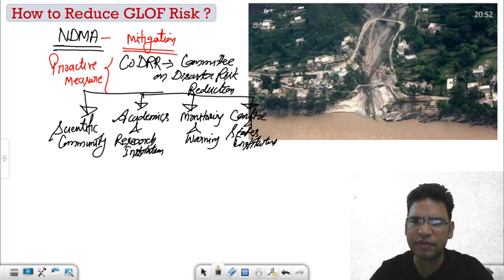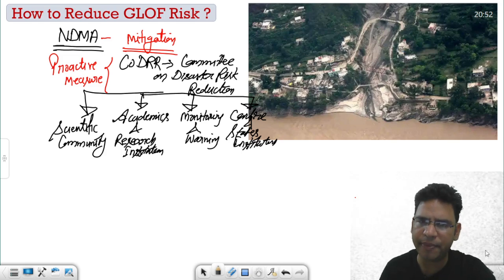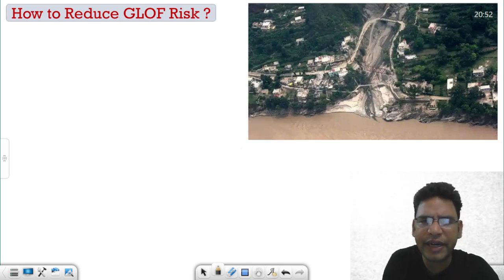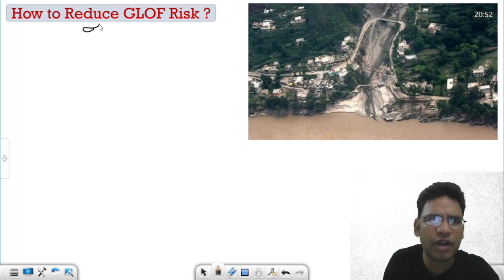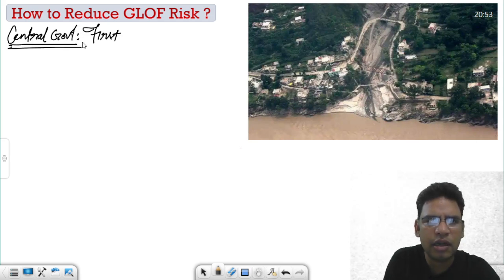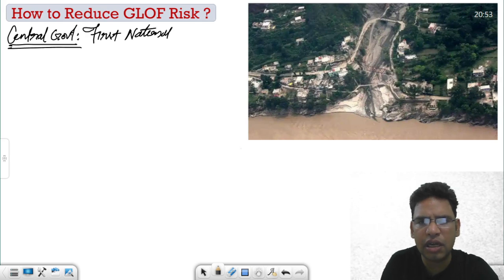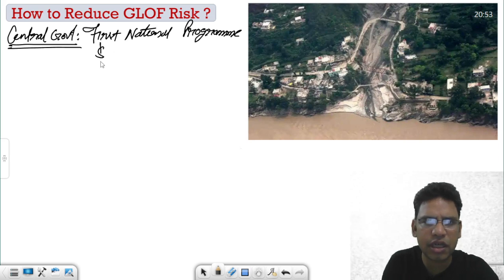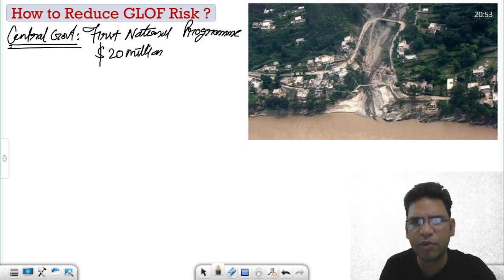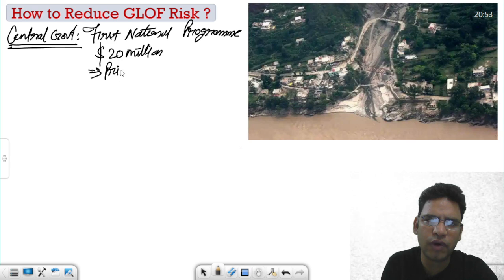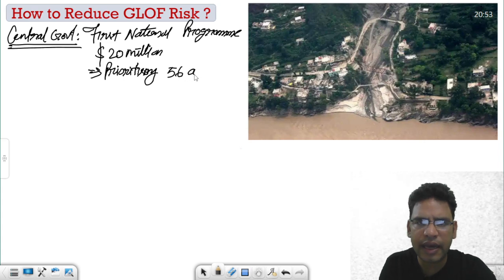Apart from that, in particular to GLOF events, the Government of India, central government, has finalized the first national program. और उसके लिए गवर्नमेंट ने 20 मिलियन यूएसडी का एक प्रोग्राम लॉन्च किया है, which is prioritizing 56 at-risk glacial lakes, जिनका रिस्क बहुत ज्यादा है.